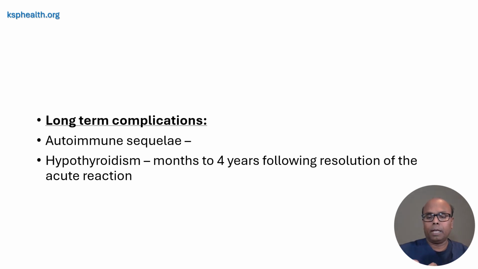Number one, make the diagnosis right, treat with systemic corticosteroids, monitor for other internal organ damage like kidney, liver, and the coagulation panel, and follow up these patients for developing hypothyroidism all the way to 4 or 5 years after the resolution of the acute reaction. This concludes Pediatric Dermatology series number 1. Next week we will see number 2.